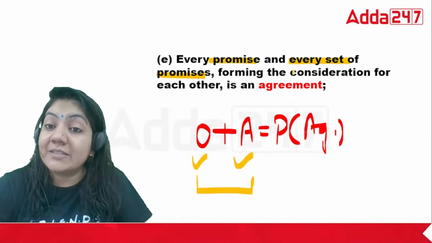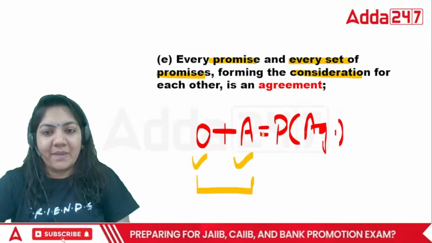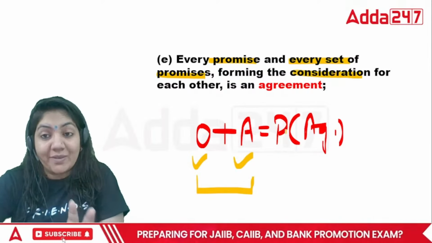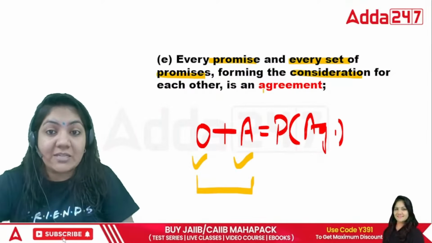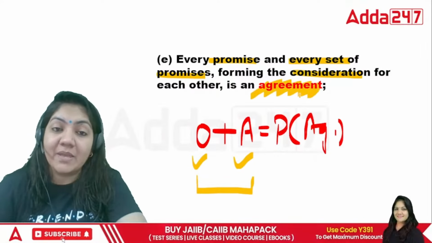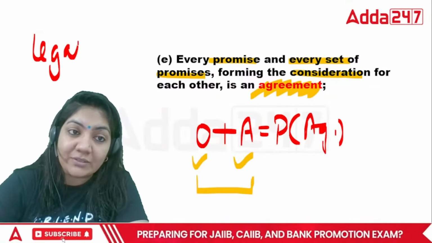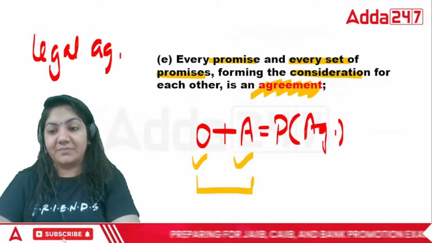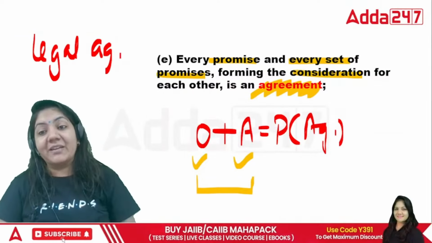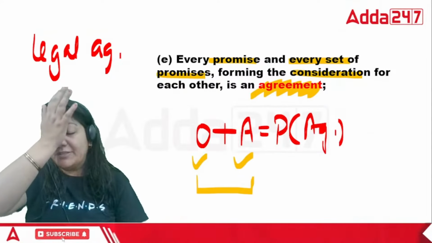It means in offer plus acceptance, when the consideration is there, it is called an agreement. Because in the Indian Contract Act, class, we have to focus on the legal agreement.